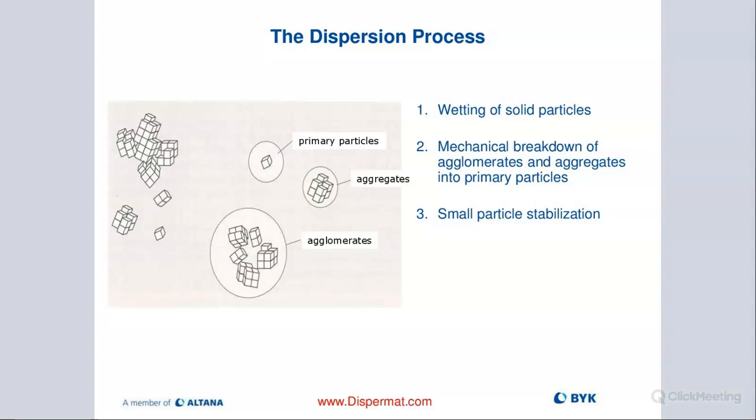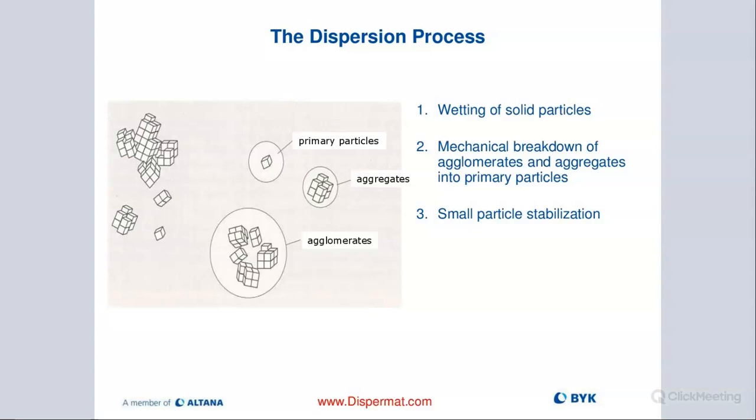So these are just smaller blocks. And then from the aggregate level down to the primary particle level, this is when we would actually use a media mill, either a basket mill or a horizontal mill, for example.